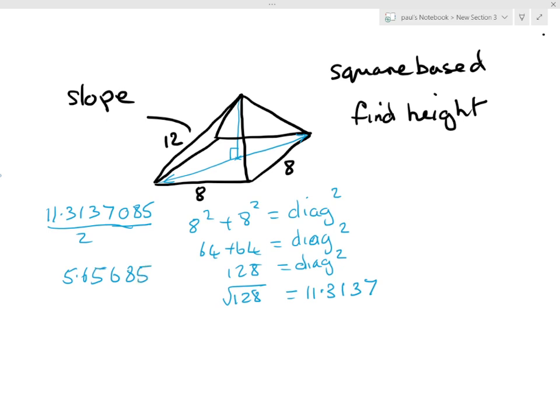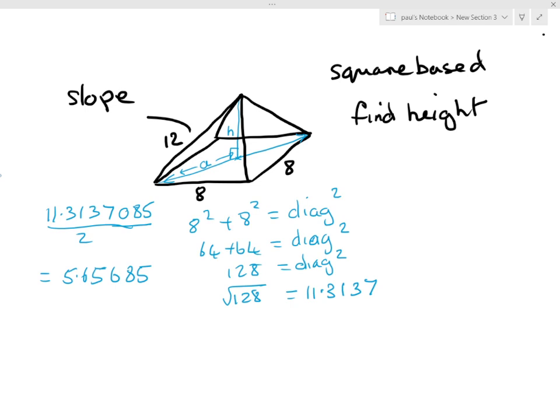That's enough numbers. So this now is the length of this one. I'll call this A, and that I can call H. So A is just that bit, which is the 5.65.